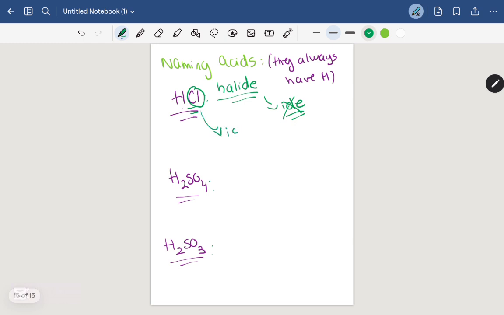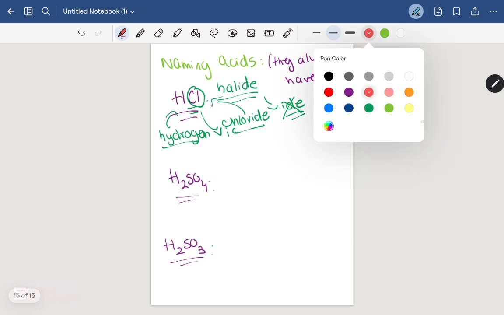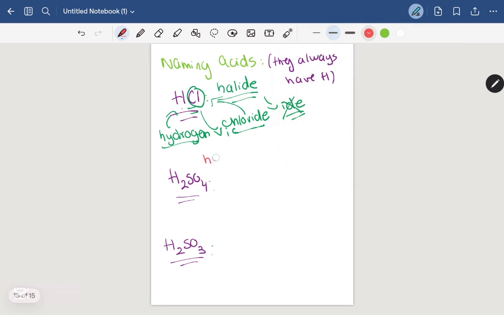I know it's very complicated, but look, this is hydrogen chloride, right? Hydrogen is H, chloride is Cl. Because it is an acid, instead of chloride you're going to remove the ide and put ic instead, and then acid.